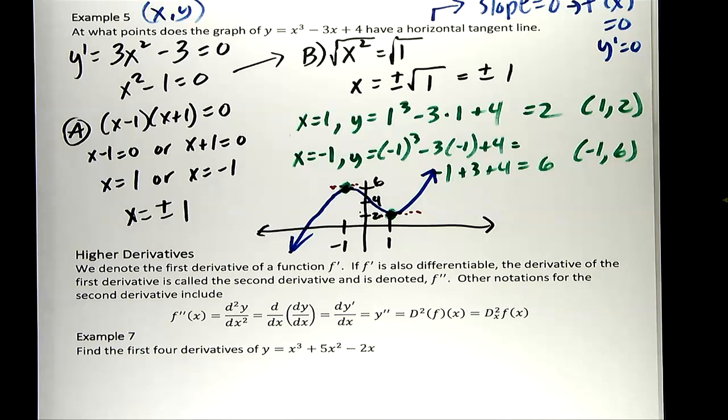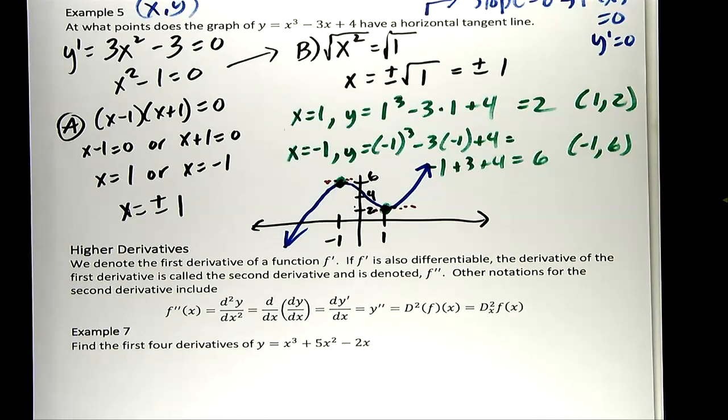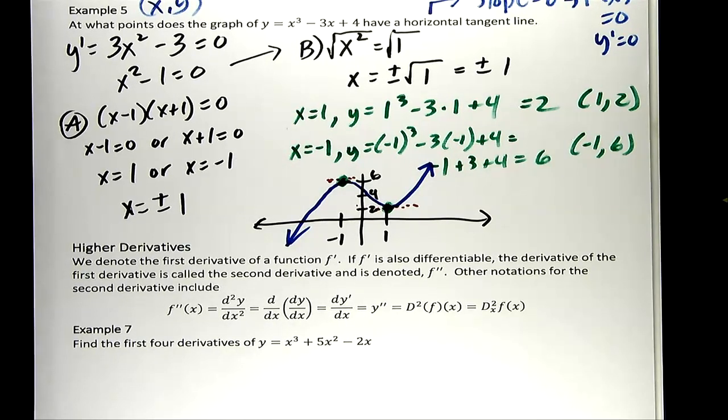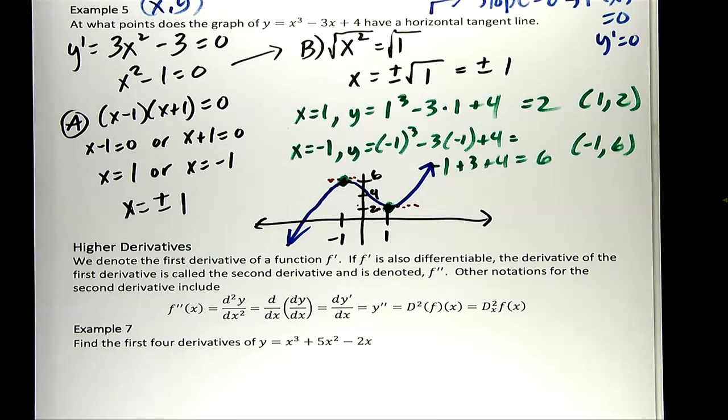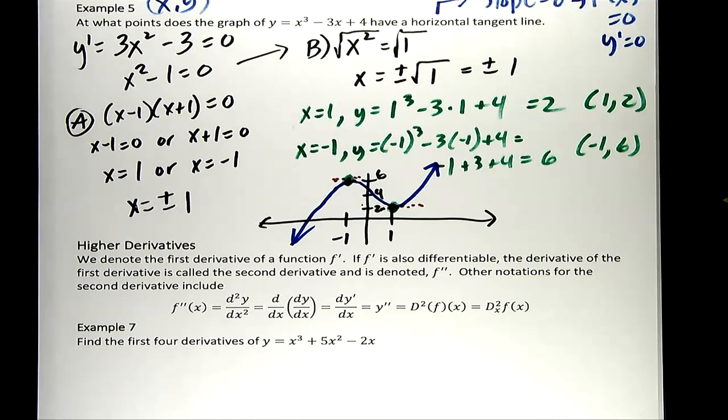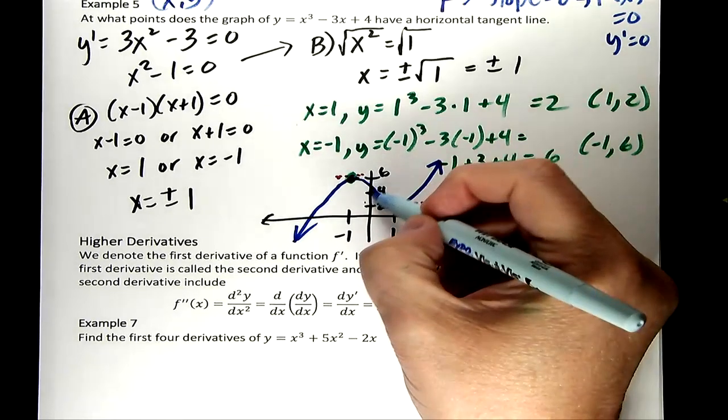So the horizontal tangent lines are where there's peaks and valleys in the graph. That's chapter 3, I think, but that's where we're going with it. It actually crosses exactly 4.